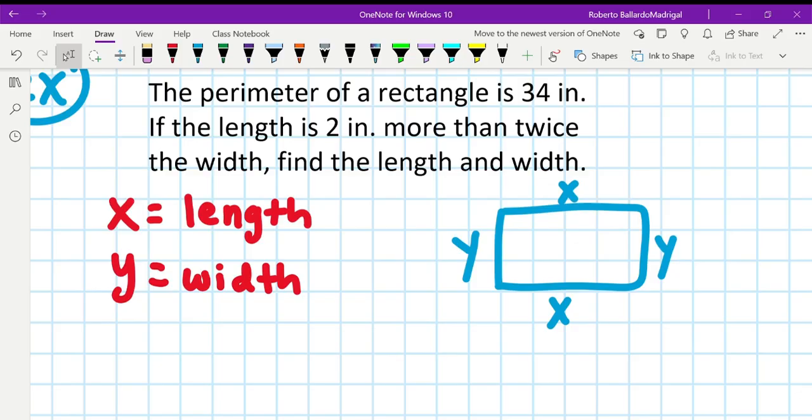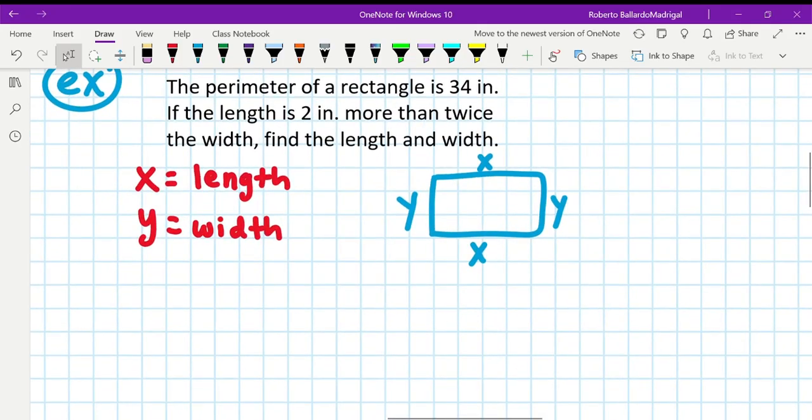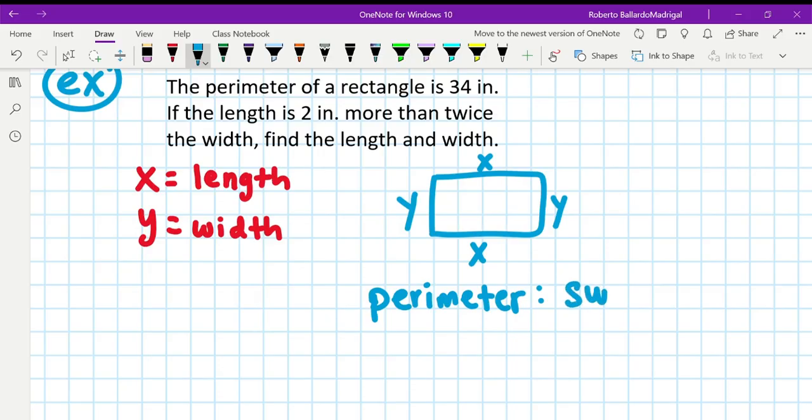The perimeter is the sum of all sides. Let me zoom out. And you add x and x, y and y.